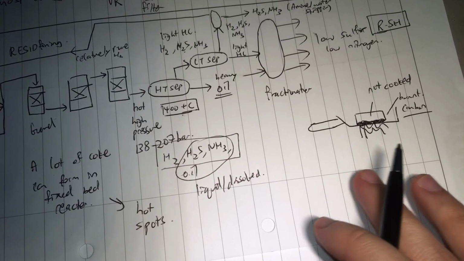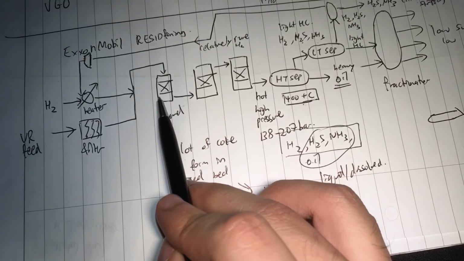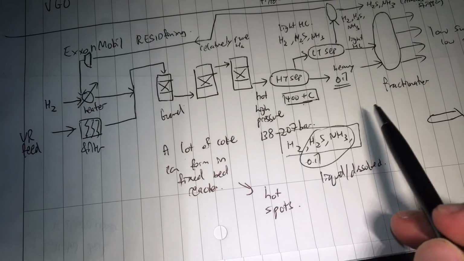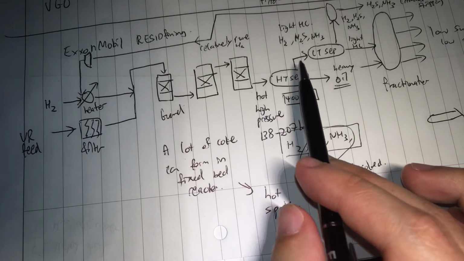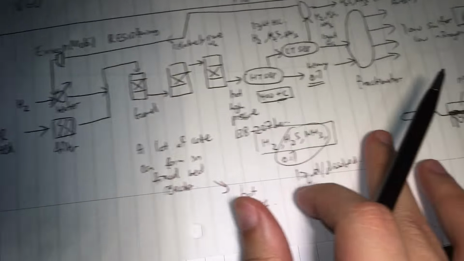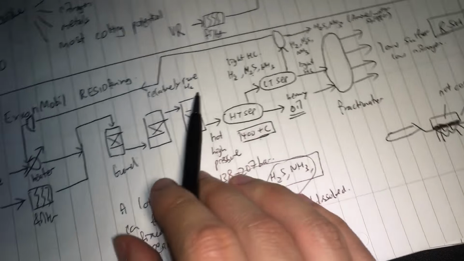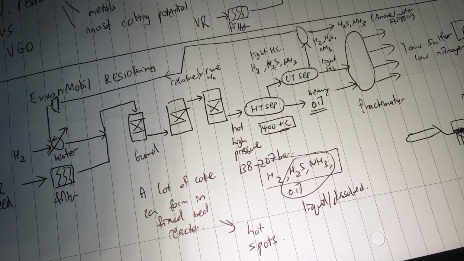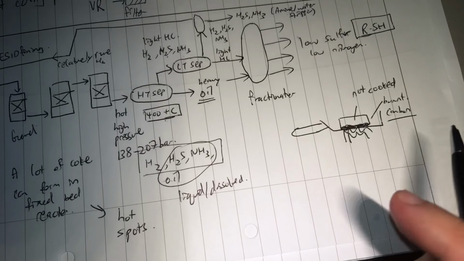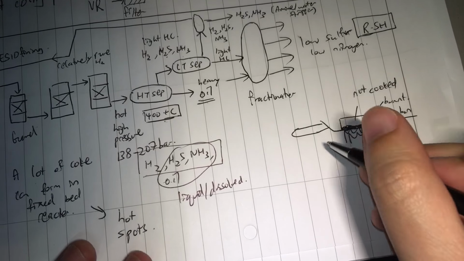Now the same thing can happen in a fixed bed reactor. While some of the oils are not as well converted, there may be hot spots inside these reactors, and a lot of coke can form. Now what can you do to prevent these hot spots?